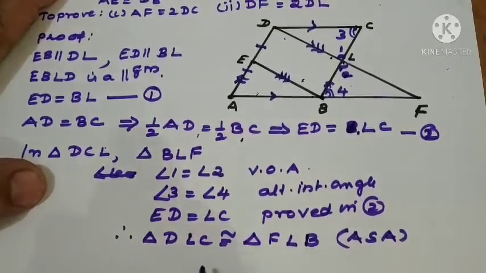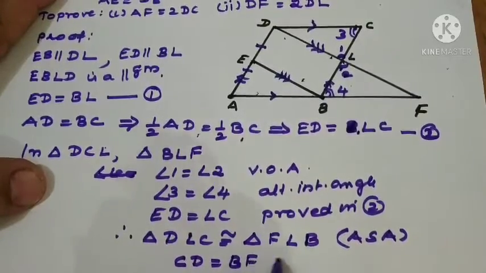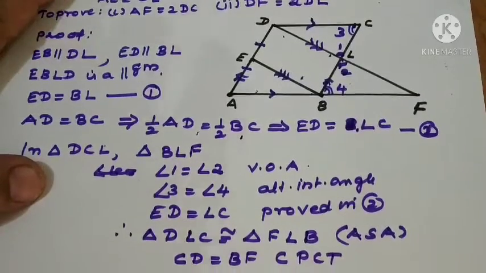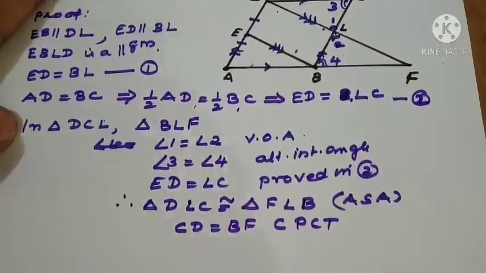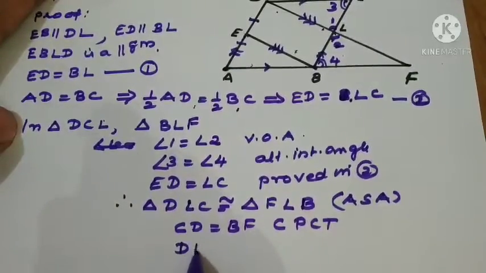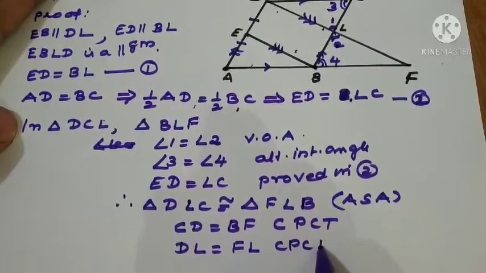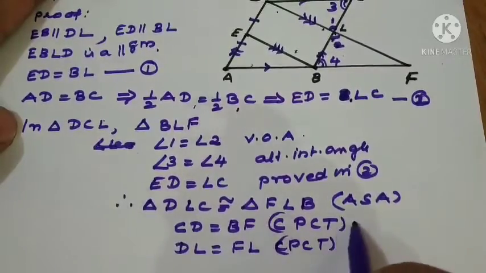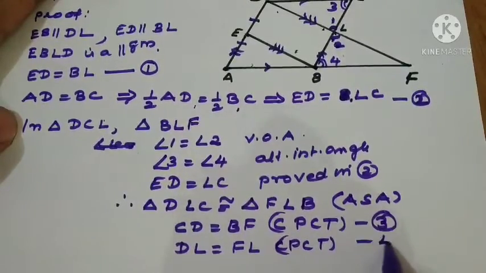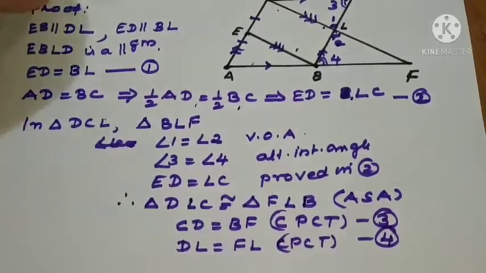Now CD equal to BF, CPCT. DL equal to FL, another CPCT. Equation number 3, equation number 4. Now what we have to prove here?